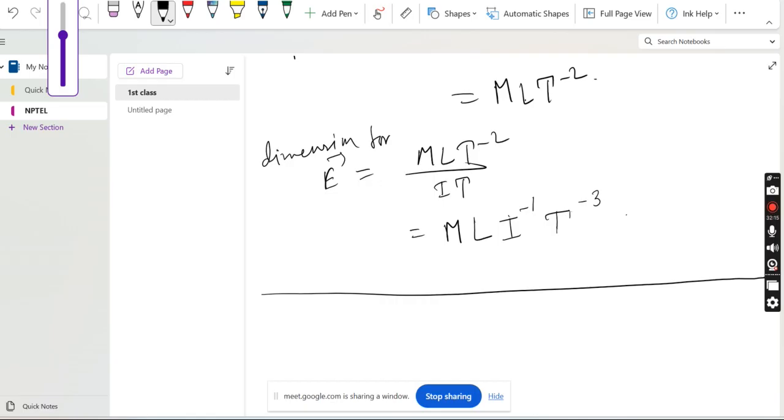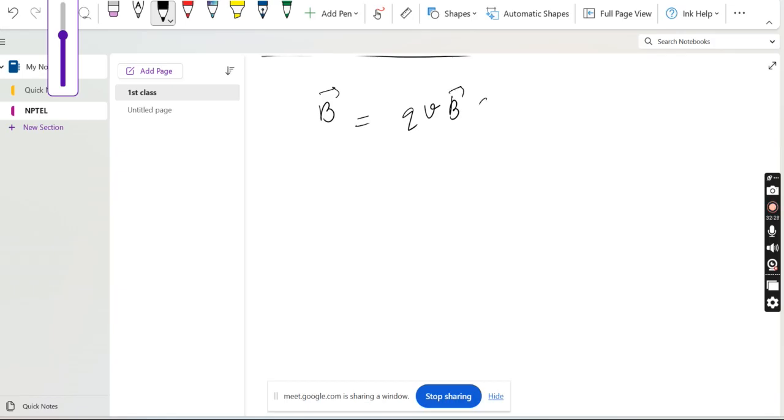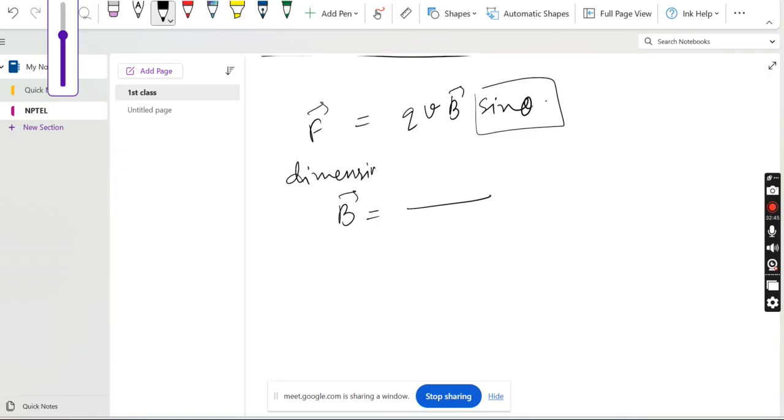Now, we'll concentrate on the magnetic field. We can write the magnetic force as F = Q V B sine theta. Sorry, this is the force of the magnetic field, not the magnetic field. Sine theta is a number, it doesn't have a dimension. So the dimension of B can be force per charge into velocity.